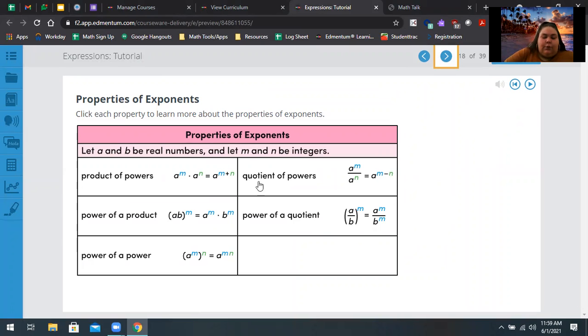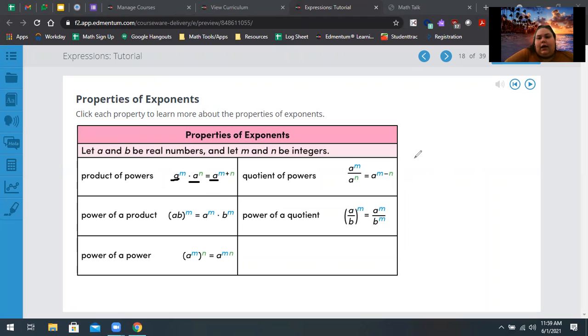This next one is a to the m power times a to the n power. Keep in mind, the base is a. They have the same base, so you can write it as one base, and this exponent plus that exponent will be the total. Let me give it to you with actual numbers.